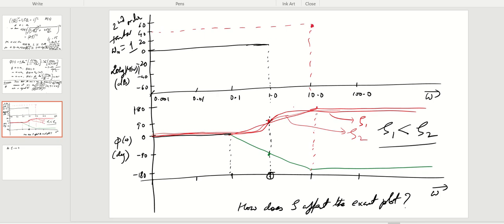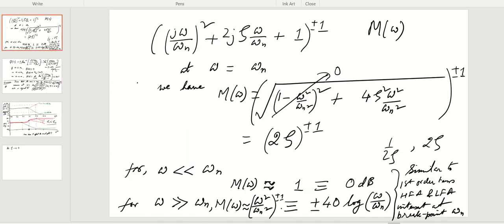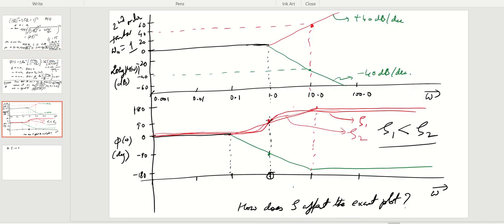Yeah, it's 40 dB per decade. That's how it will go up, and that's how the other fellow will come down. So this is now plus 40 dB per decade, and this is minus 40 dB per decade. And as I pointed out earlier, they'll meet. So there's a continuity in the magnitude plot. Because if you extrapolate this back at omega is equal to omega n, this is just 0 dB. So these two asymptotes intersect at this break frequency.